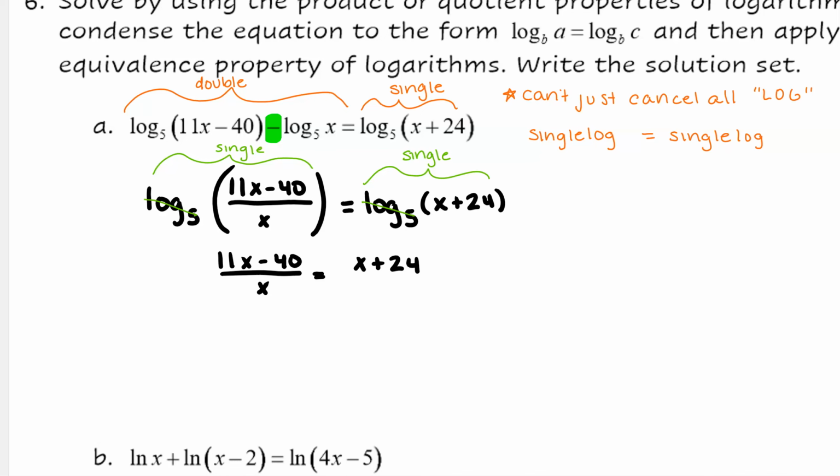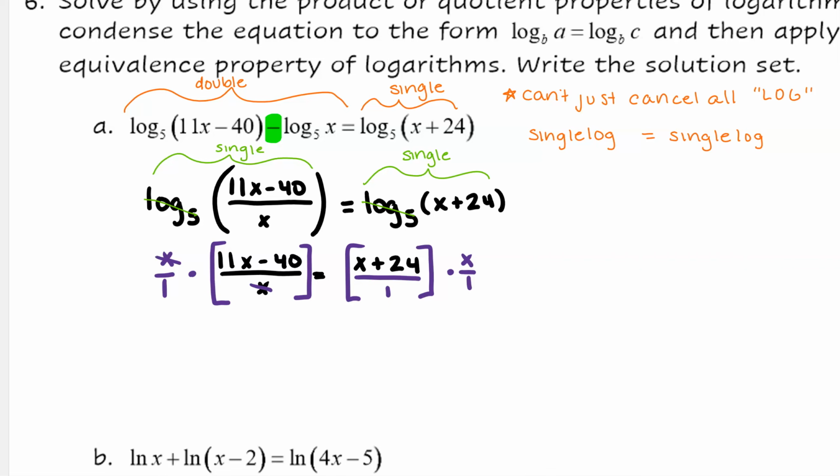Now, how are we going to solve this equation? Because there's a fraction, what we're going to do is we're going to times both sides by the LCD. Now, technically, this right-hand side is just over 1, so you don't have a bottom to consider. We're still going to times both sides by x over 1 because I want the x on top to cancel with the x on bottom.